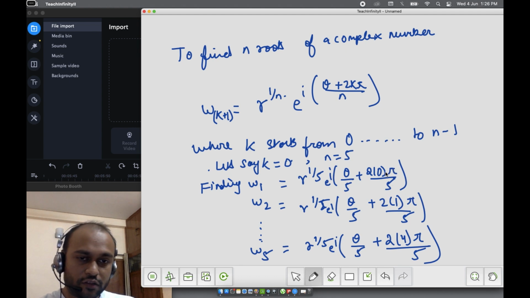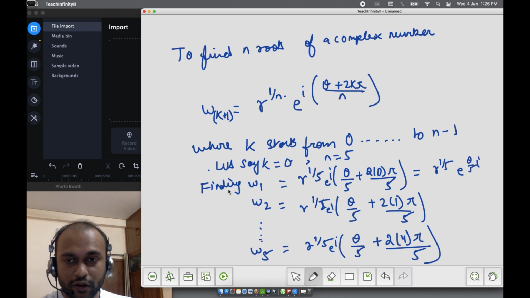If you put k as 0, this just becomes 0. So that gives you the first root. You can see r to the power 1 by 5 e to the power theta by 5 i, which we found out, right? Theta by 5 as the first angle of W1. Similarly, W2 also we found, and all this way we can find all the way till 5 roots.